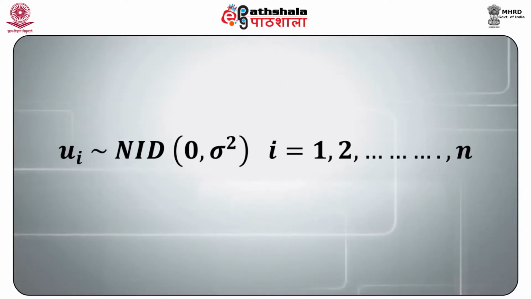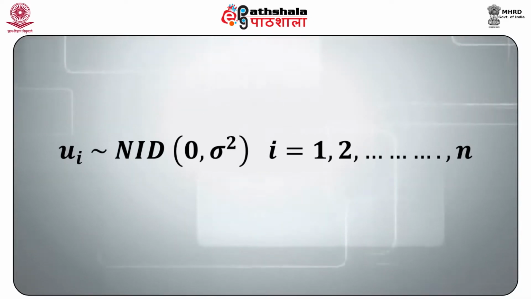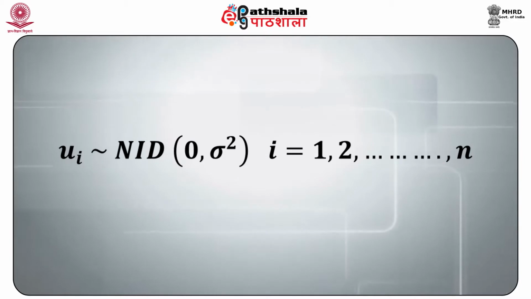So let me repeat, mu i is distributed as NID with mean 0 and variance sigma square. NID stands for normally independently distributed. The normality assumption, as I mentioned earlier, implies that yi is also normally distributed. This assumption is necessary for constructing confidence intervals of beta 0 and beta 1, and hence for conducting hypothesis testing.